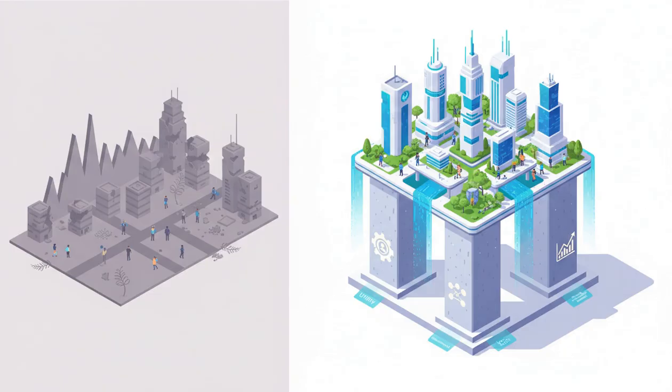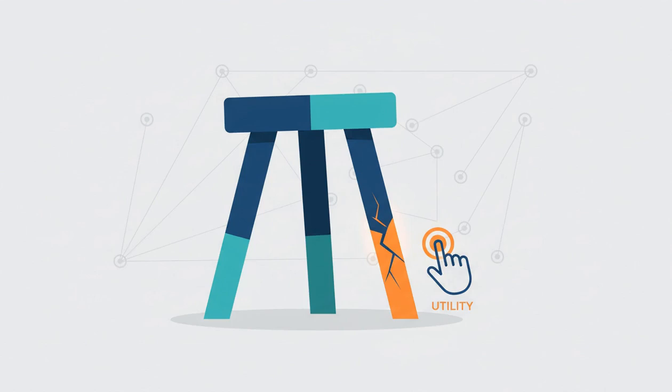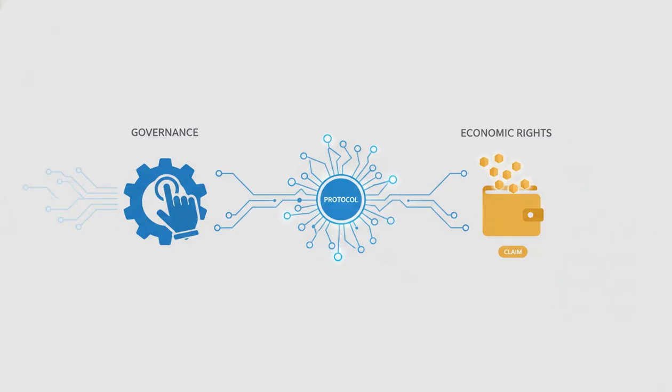I find it helps to think of a sustainable token as resting on what I call the 3 pillars of value accrual. Picture a 3-legged stool. If one leg is weak or missing, the whole thing is unstable. The first pillar is utility, which is simply the right to perform an action within your ecosystem. The second is governance, the right to influence the future of the protocol.